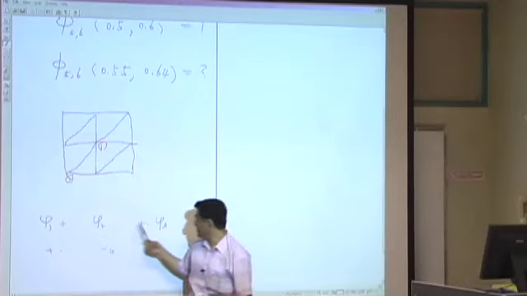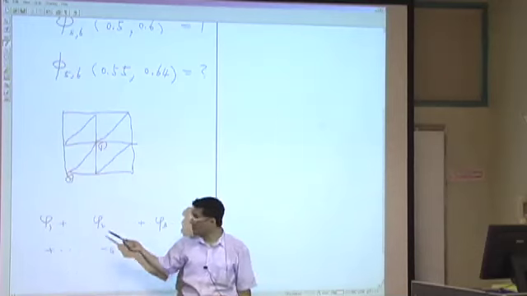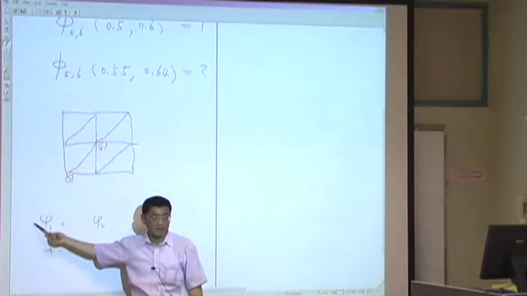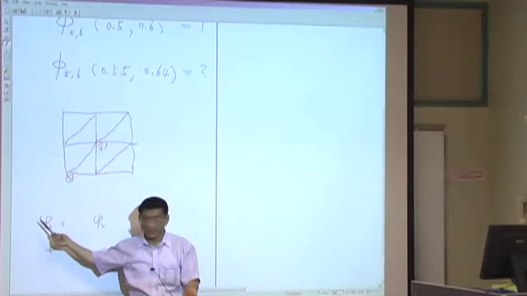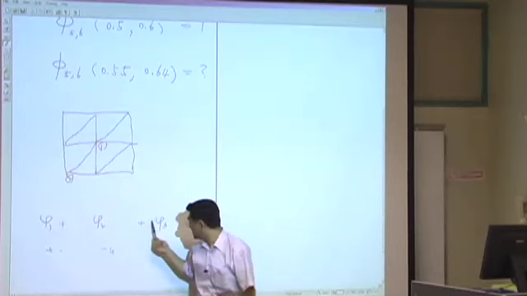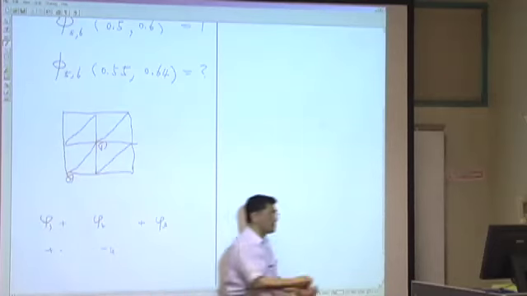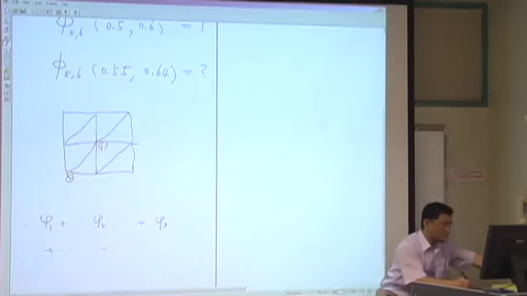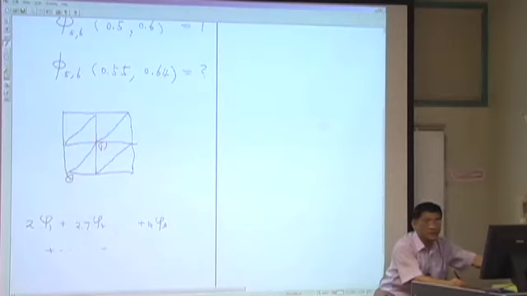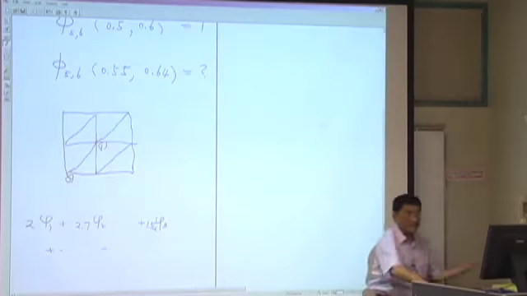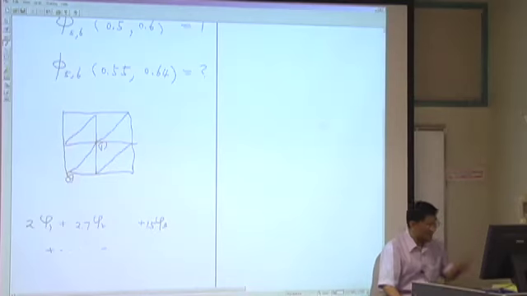I want you to choose some number between 0 and 3, any real number is okay. So what is your first coefficient? 2. What is your second coefficient? 2.7, right? What is your third coefficient? 1.5, right? And then I will just randomly write the rest.